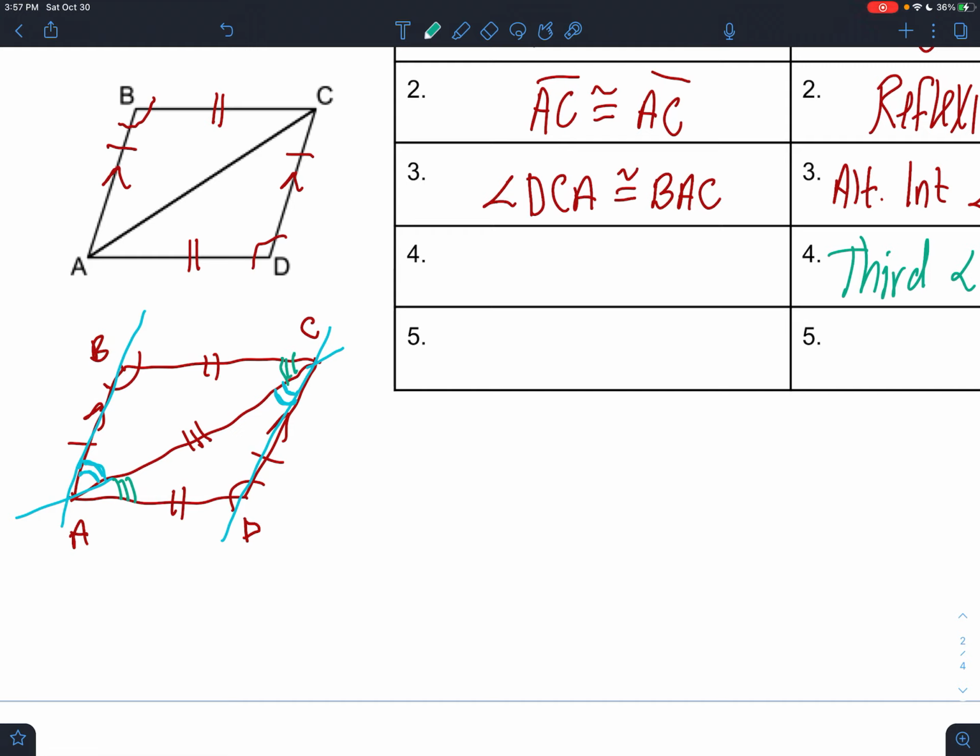So how do we label them? We can't just label it as C and A because that's not specific enough. So how about angle ACB is congruent to CAD.